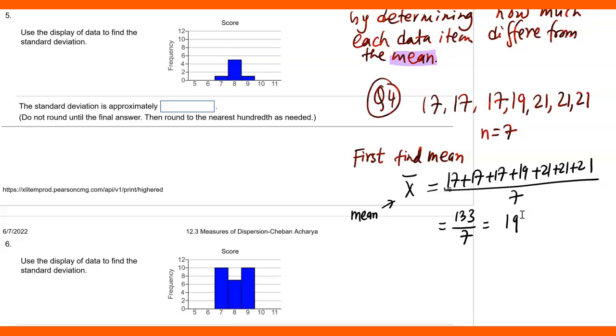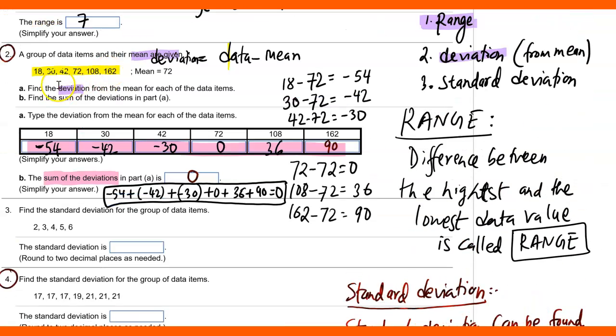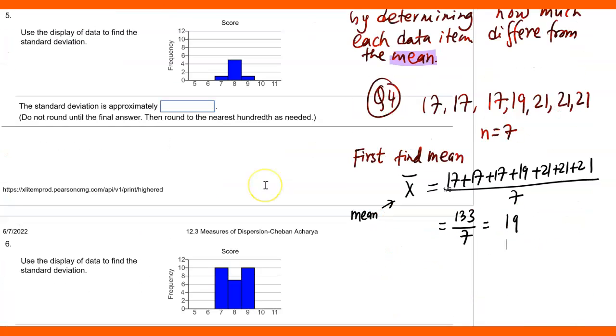Now I have to find the deviation. That's what we did last time. To find the standard deviation, you have to find the deviation first. Let's find the deviation of each data item.